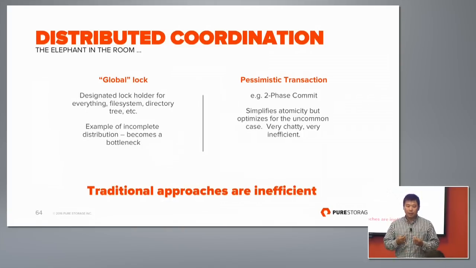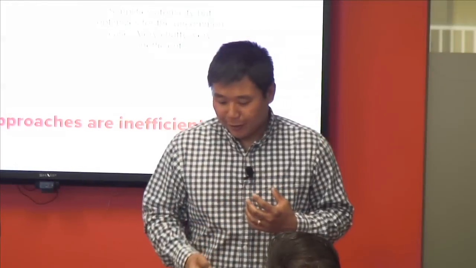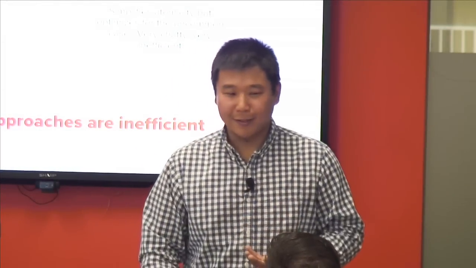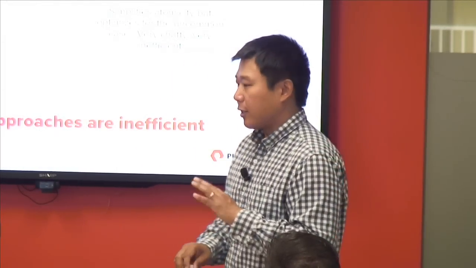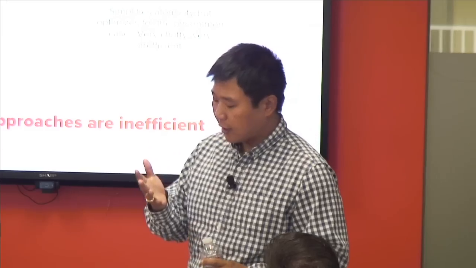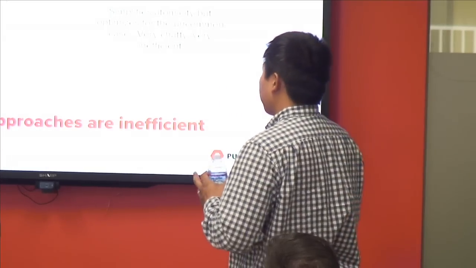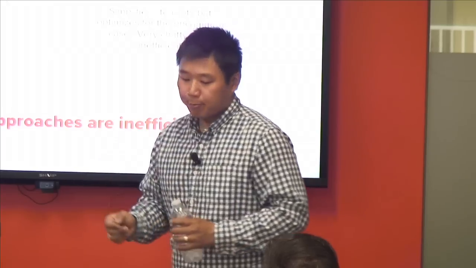You pay a lot of coordination traffic, of chatter, of messaging in the common case just to handle the uncommon case of resolving a failure. And so we'd like to flip this on its head. Anytime that you're paying a cost in the common case to handle the uncommon case, it's a source of inefficiency. So we'd like to flip it on its head and try to find a way to optimize for the common case.